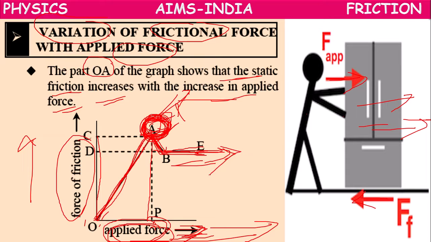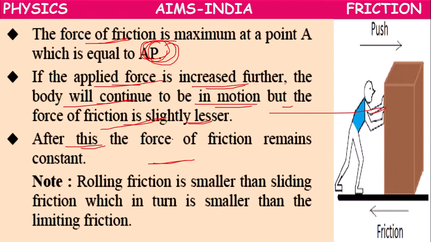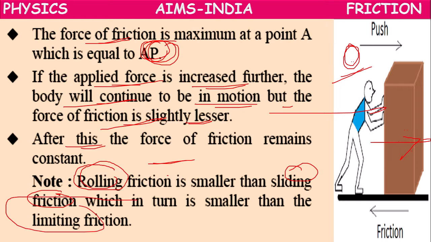Here rolling friction is smaller than sliding friction, because here a box is sliding. If a ball is rolling, this rolling friction is always less than sliding friction, and sliding friction is less than limiting friction or static friction.